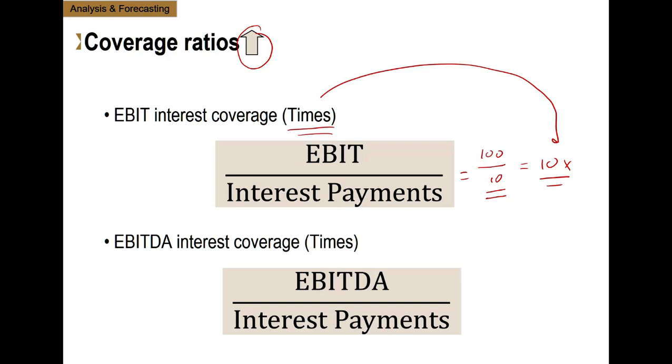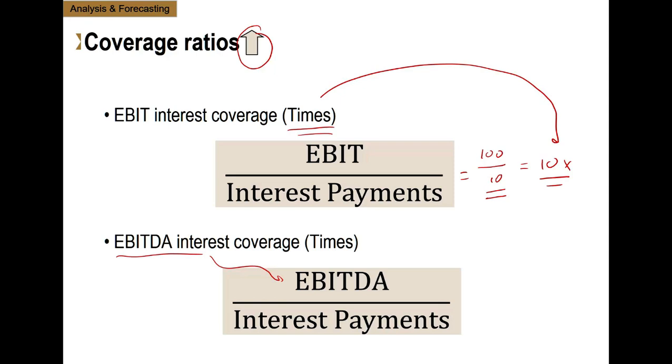Some people like to use EBITDA as the interest coverage metric in the numerator, and the reason is that many times, especially with companies that have to buy a large number of fixed assets, the depreciation expenses can be very high, and so the argument goes that earnings look too small, but that's because of the depreciation expense.